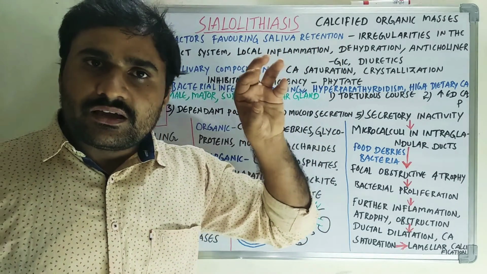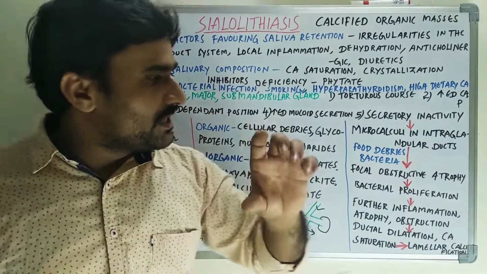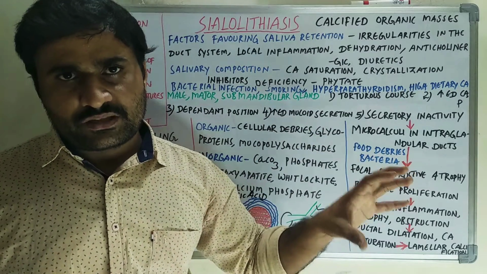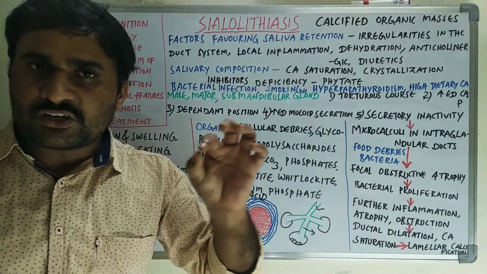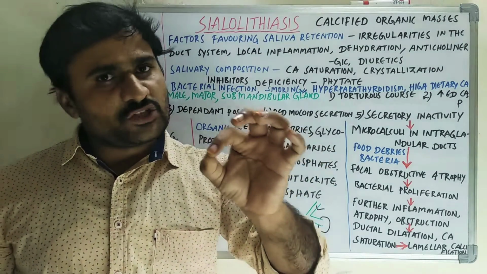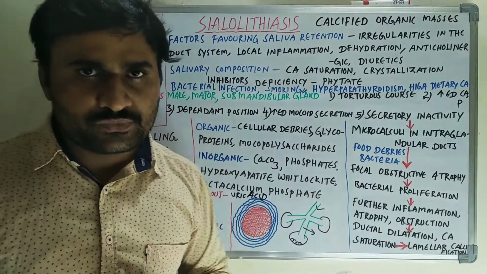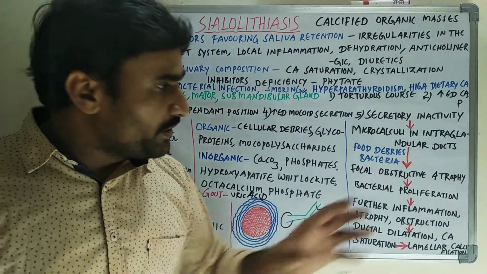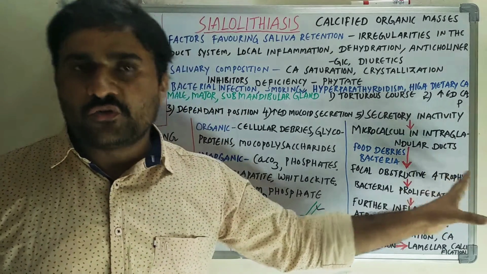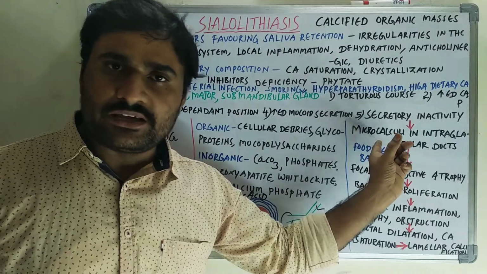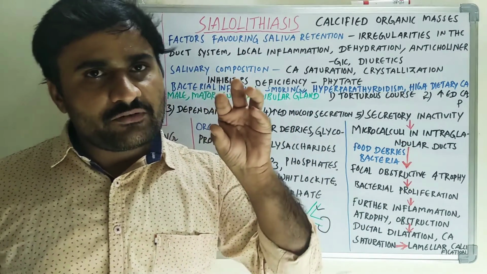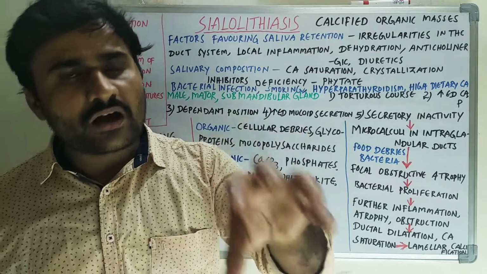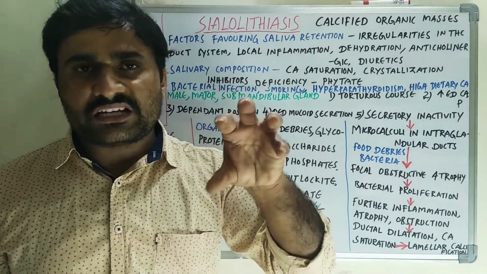And that bacterial infection will produce inflammation that will lead to focal obstructive atrophy. There is atrophy of the ductal tissue or intraglandular tissue, right? Because of that focal obstructive atrophy, the microcalculi that have formed escape from the salivary flushing or from the antimicrobial activity of the saliva.